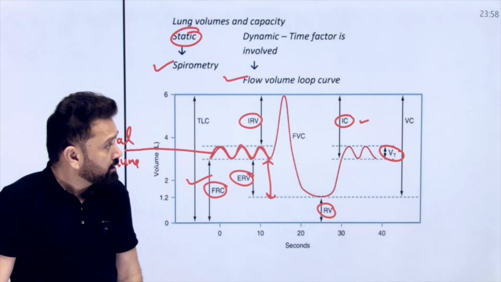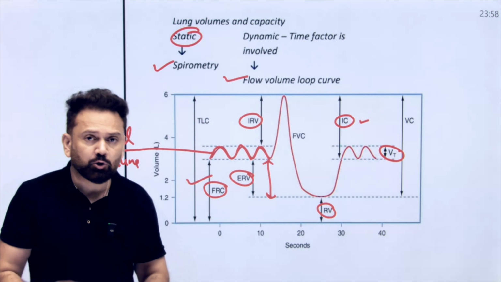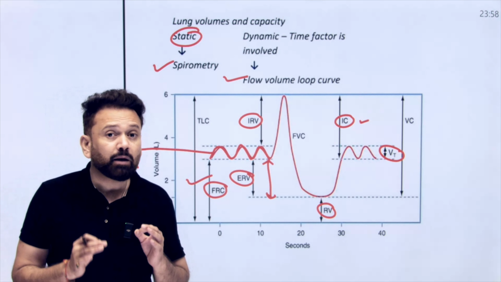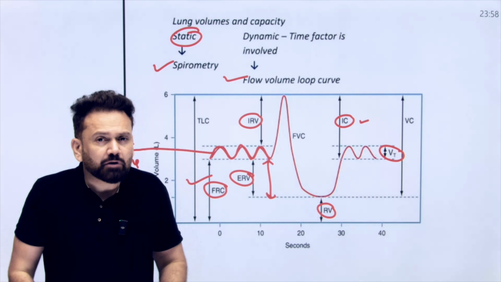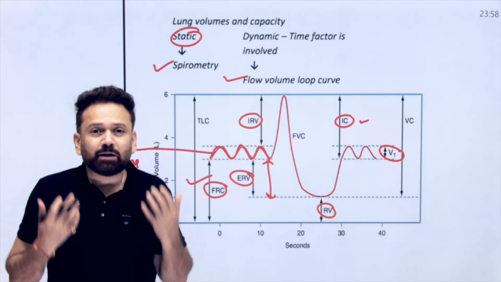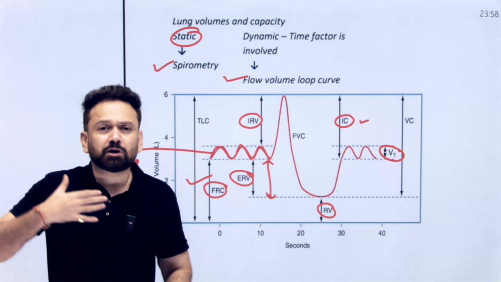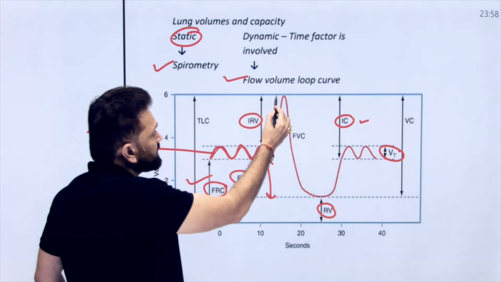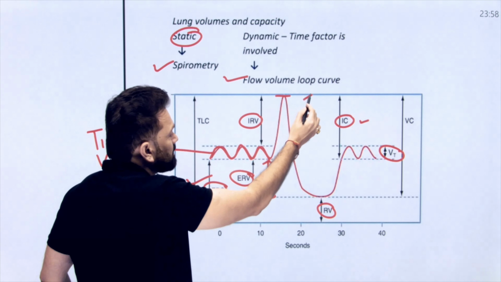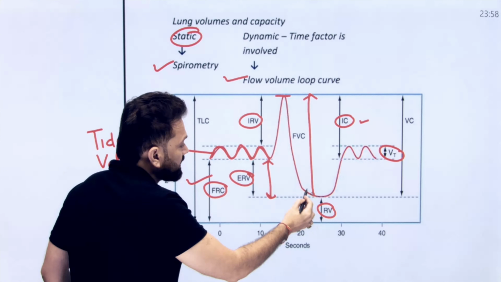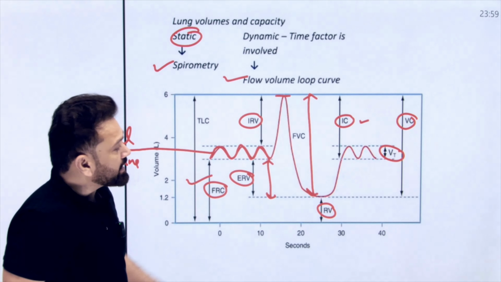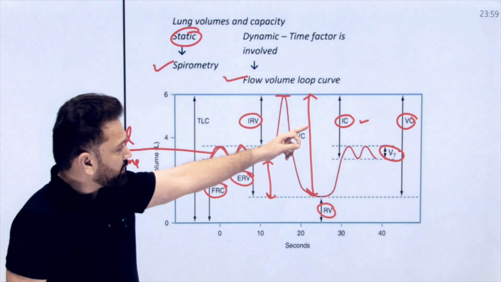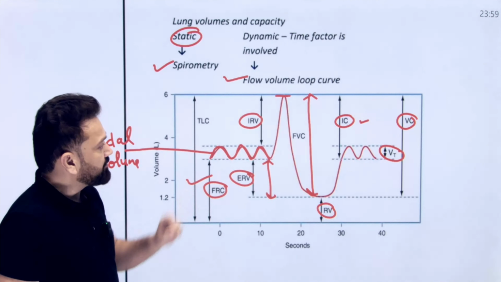Now, for example, if I ask you, what is the maximum amount of air which you can expire after full inspiration? After full inspiration, what is the maximum air you can expire? The answer will be vital capacity. So vital capacity is actually inspiratory capacity plus ERV.